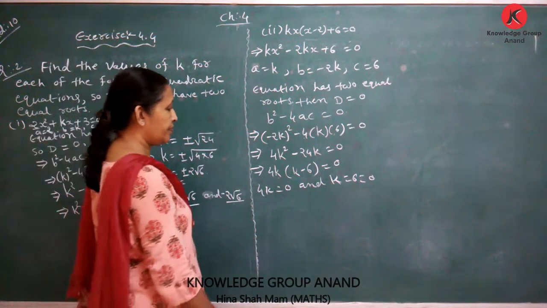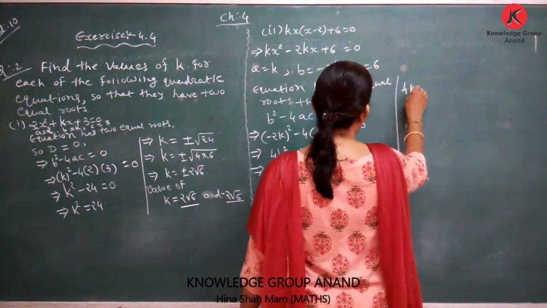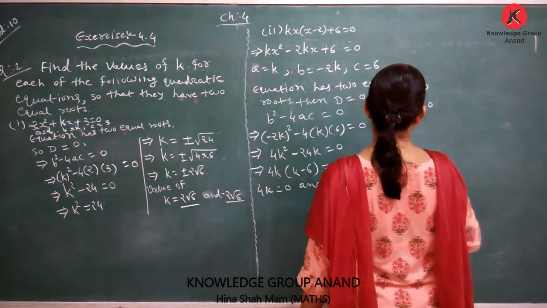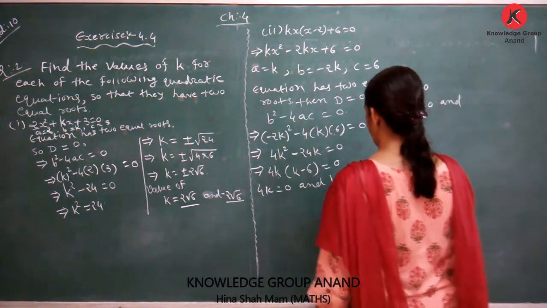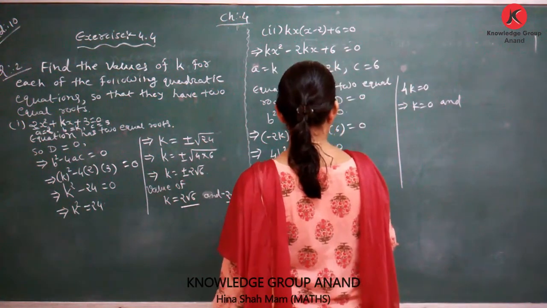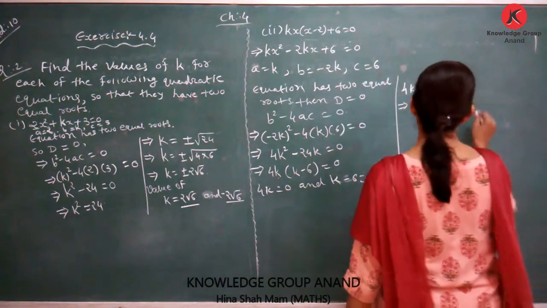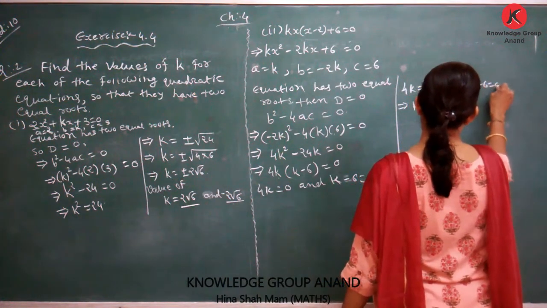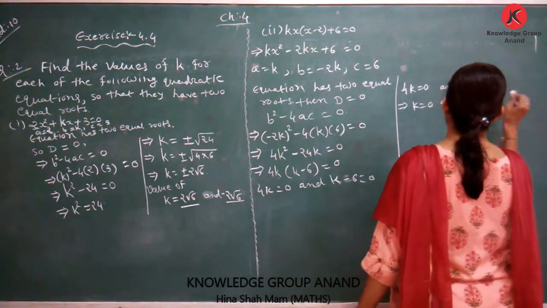4k equals to 0 and k minus 6 is equal to 0. Here 4k equals to 0, so k is equal to 0, and k minus 6 is equal to 0, so k is equal to 6.